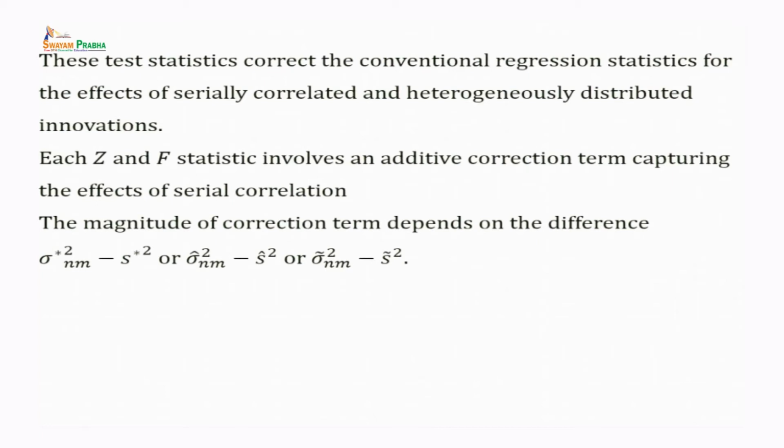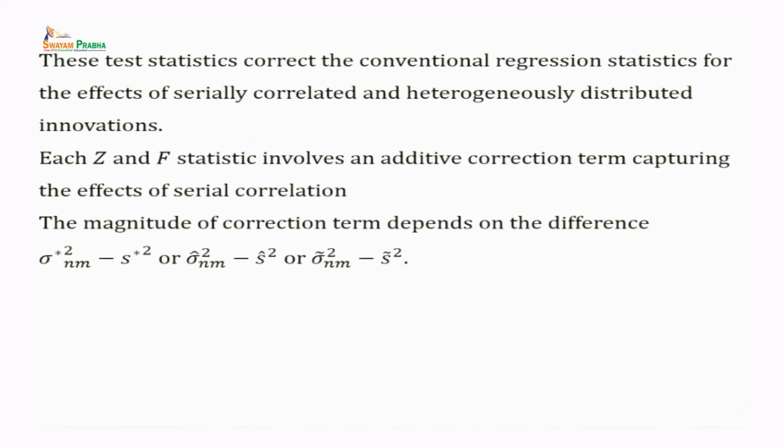So, these test statistics correct the conventional regression statistics, meaning the conventional T statistic or conventional F statistic, for the effects of serially correlated and heterogeneously distributed innovations.